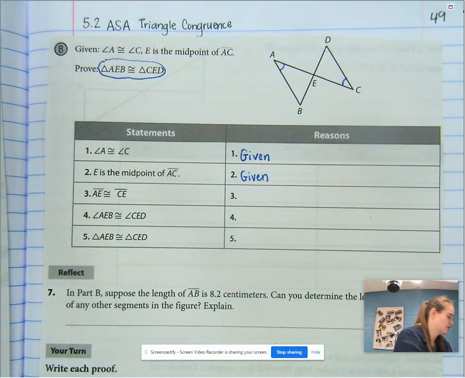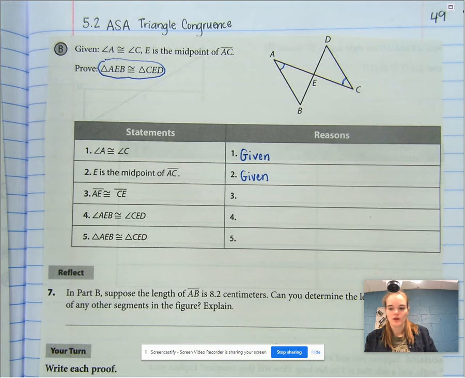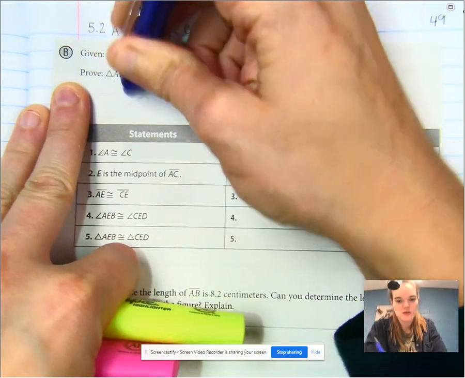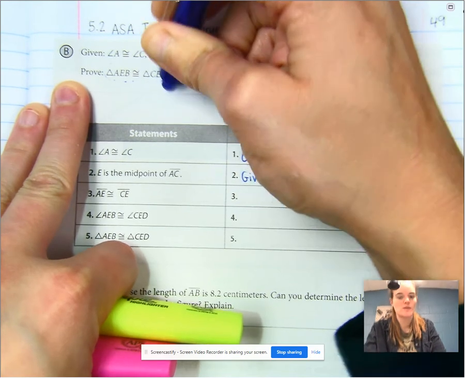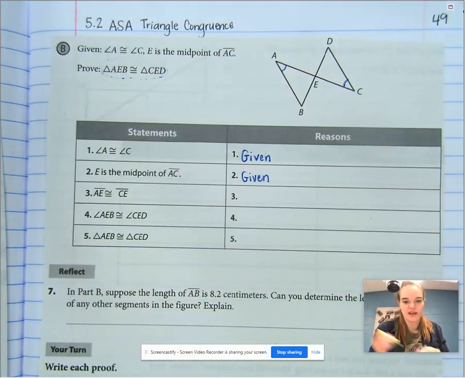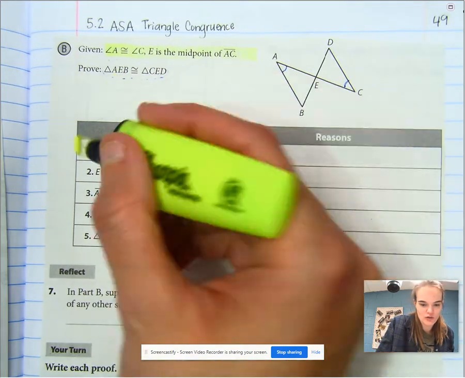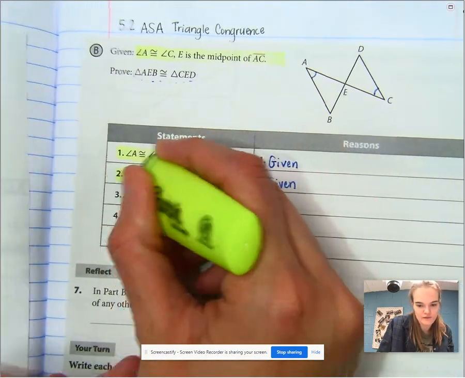I want you to notice something. I'm going to get out two highlighters, and I want you to do the same. We're going to do this for a little bit. Your given statements should always be the very first statements.